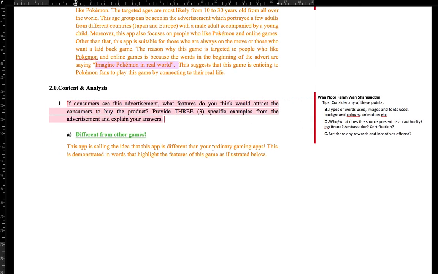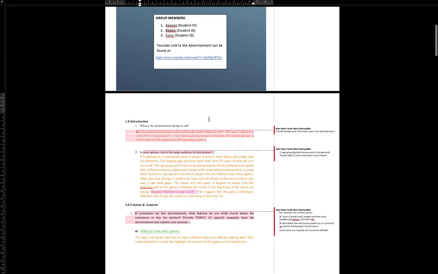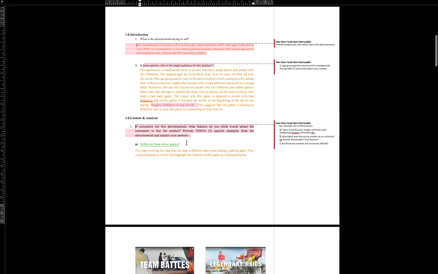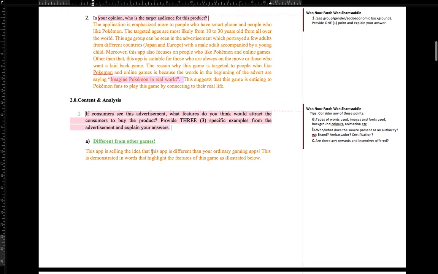So here, just now I showed you some important part of the rubric, which is also the organization. Because the question definitely mentioned that I need to list out 3 specific examples, the way that I organize my report is using this: A, what is it?